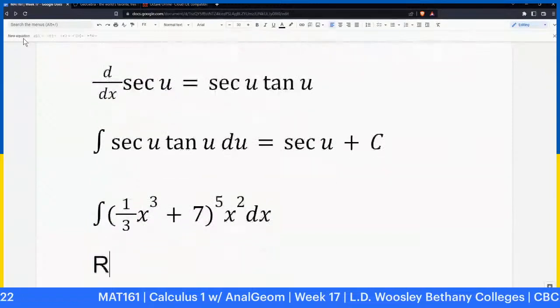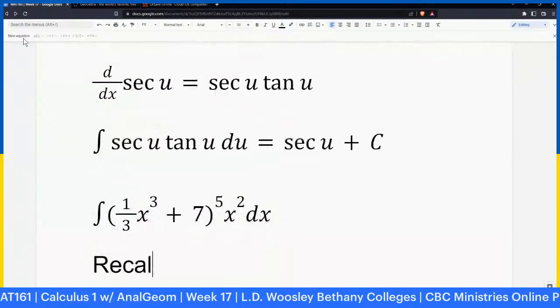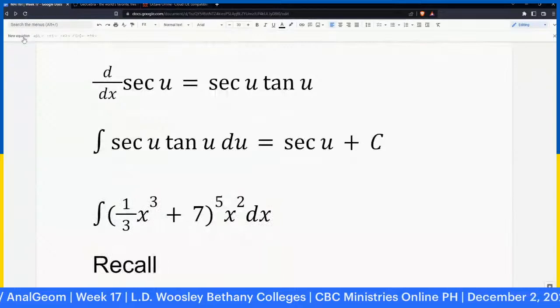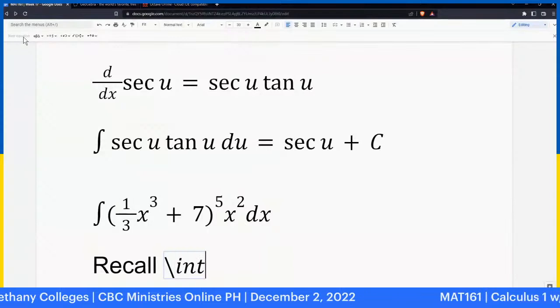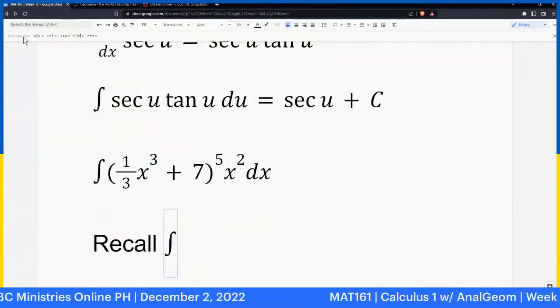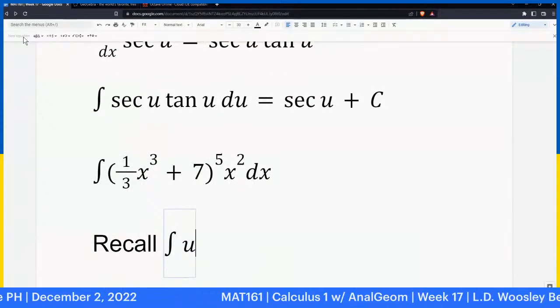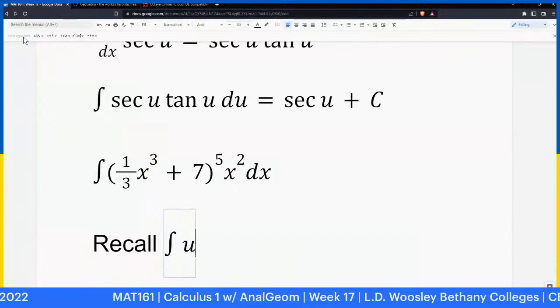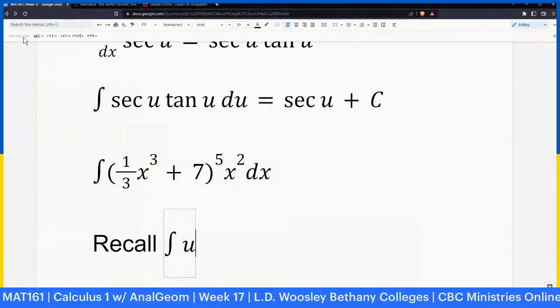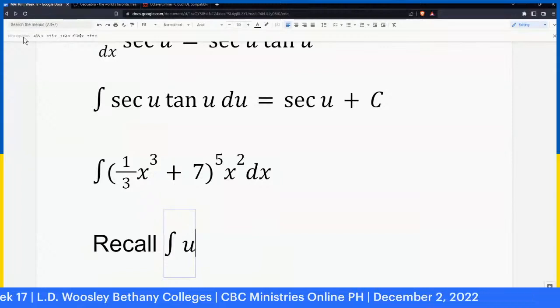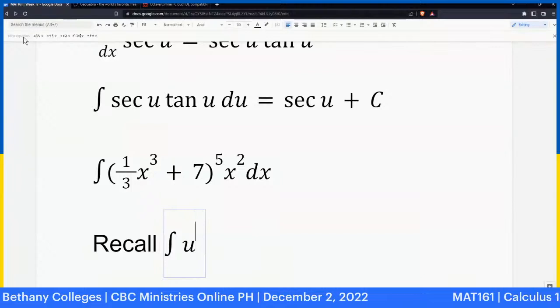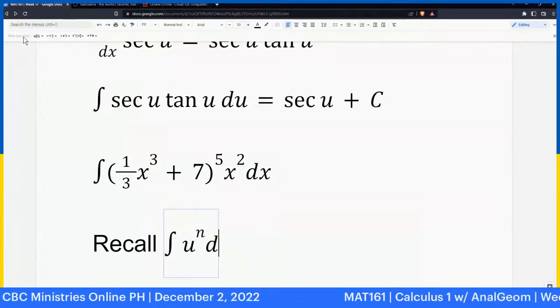Recall that, okay, I think it had been introduced a while ago. Integral of U raised to N, no?